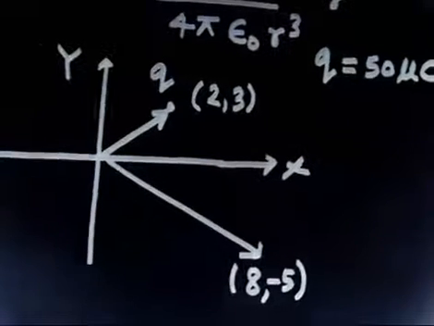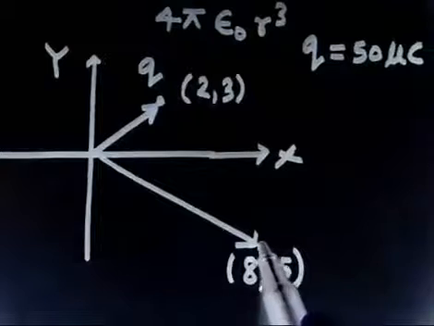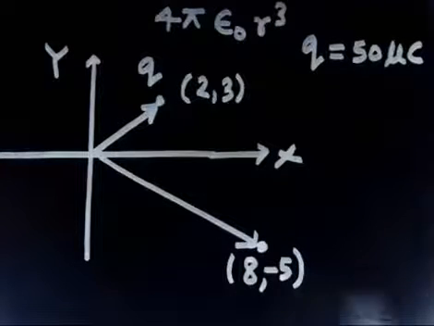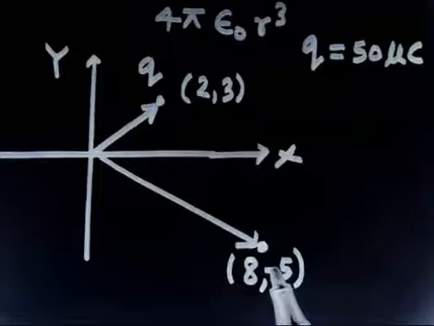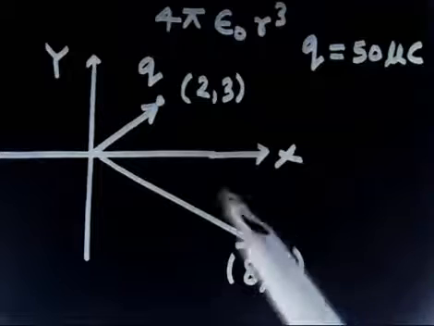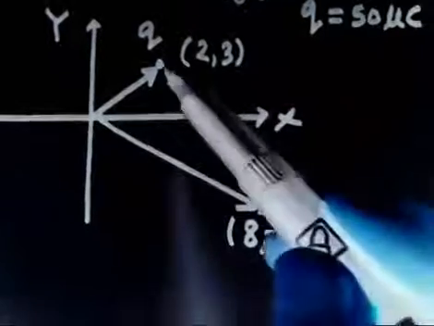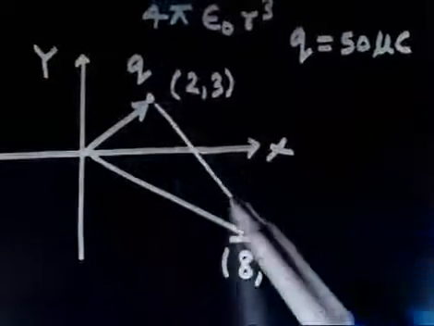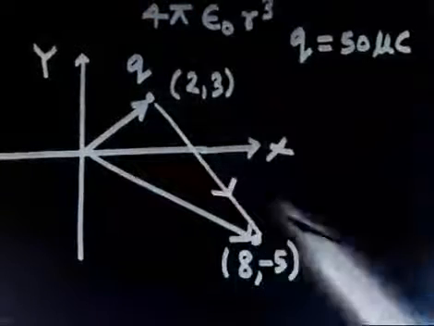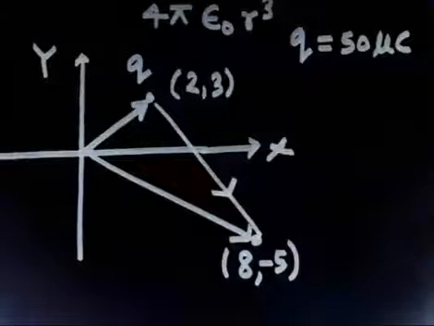I want to find the electric field at this point. Of course, one can expect that the electric field due to this charge is along the line joining these two points, so the electric field will be in this direction.